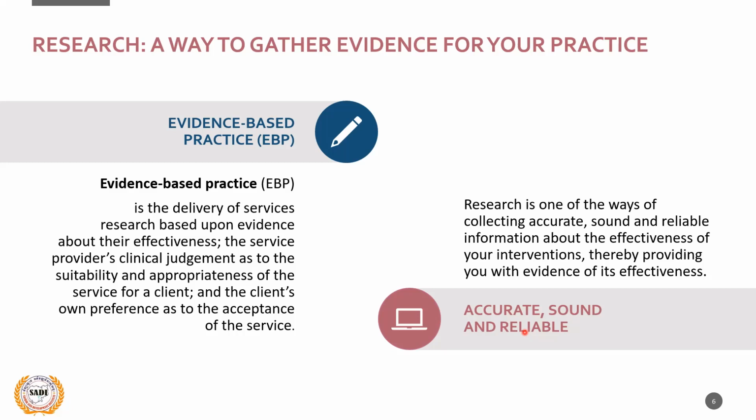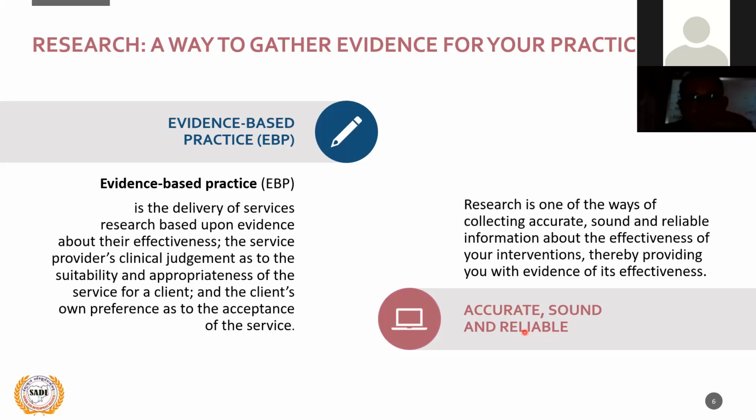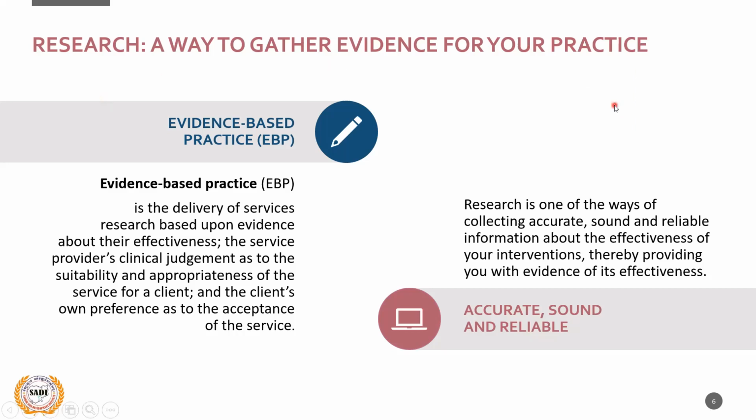If your methodology is not accurate, not sound, not reliable, how can you interpret the data correctly? How can you analyze the data correctly? Because you gain false information. It's not true information. How can you gain a correct result?